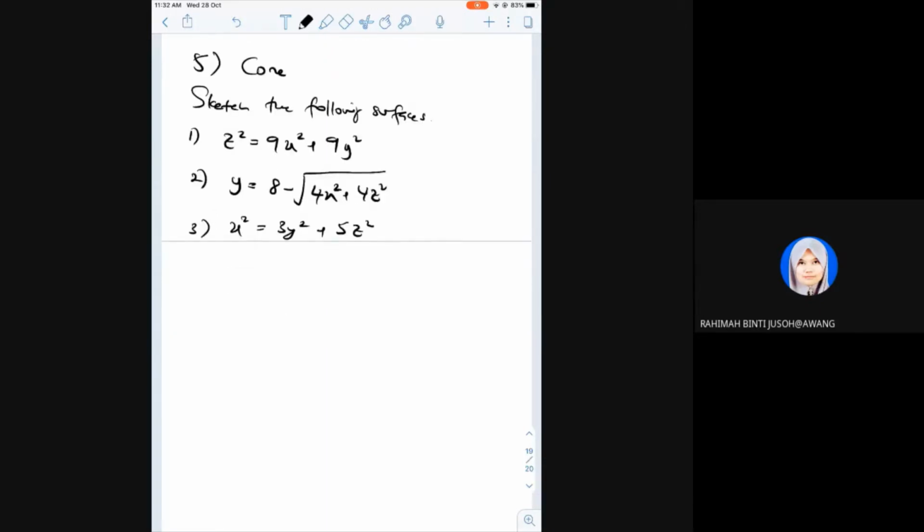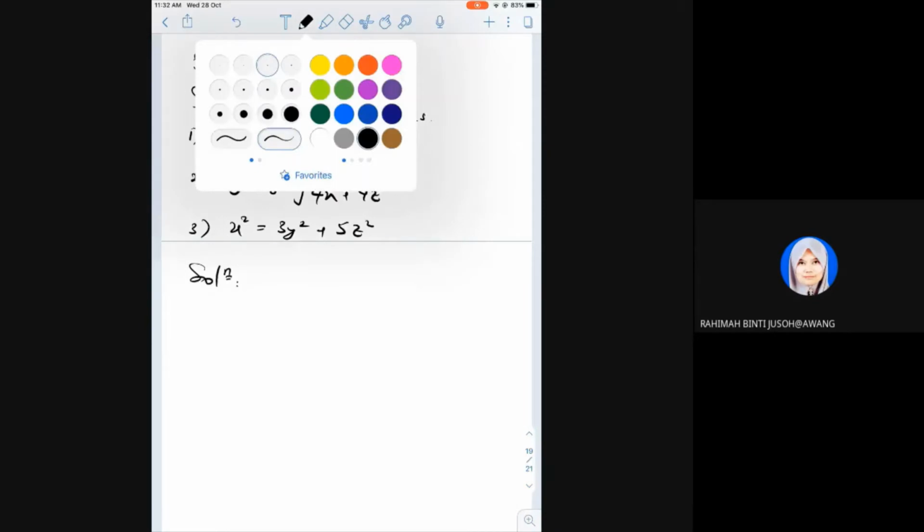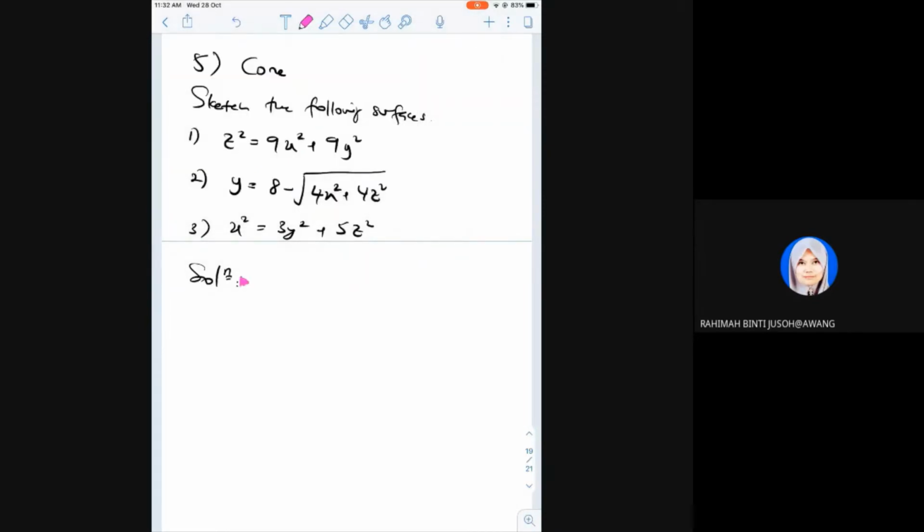Okay, solution. Guys, what's the difference between these equations dengan paraboloid? Apa beza dia? Equation yang ni, cone ni dengan paraboloid. Kalau tengok pada yang atas ni. Dia tak ada C. Dia tak ada apa? Yang nombor yang tak ada huruf. Nombor bulat.